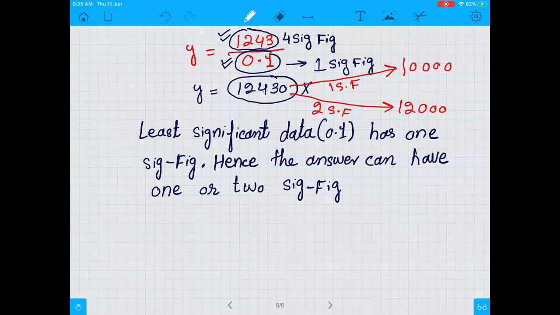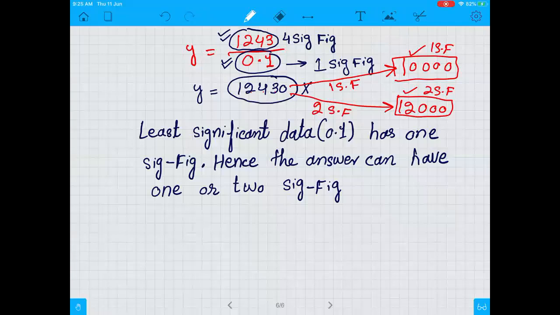So these are the rules for significant figures that you have to follow, otherwise your answers and your lab work or practical will not be acceptable. You have to care about the significant figures. This is one significant figure, and this one has two significant figures. So these are the rules for significant figures.